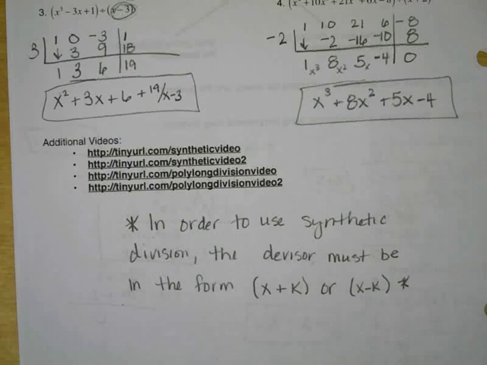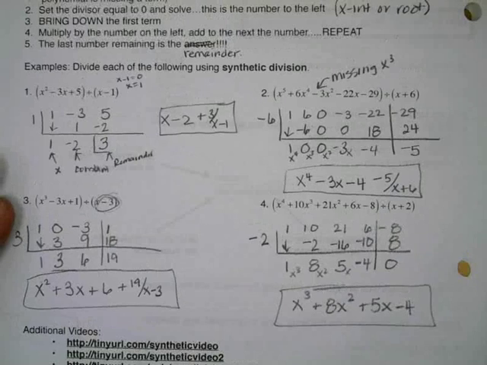Okay, it can't have a squared in the x, can't have a coefficient in front of it. Has to be x plus a number, x minus a number.